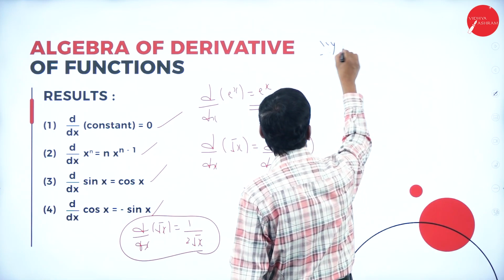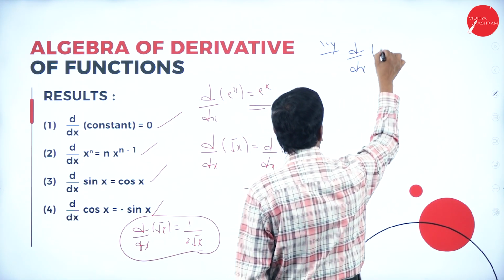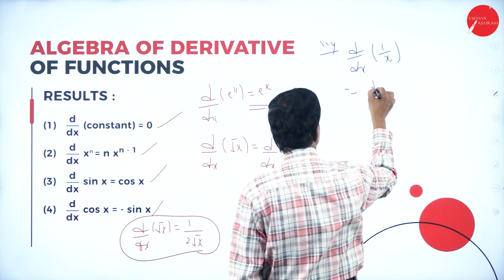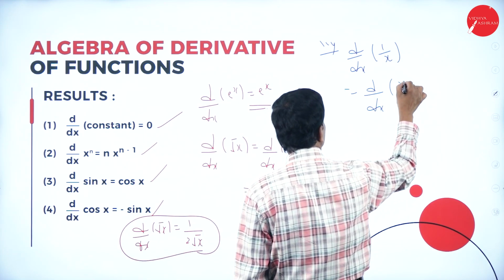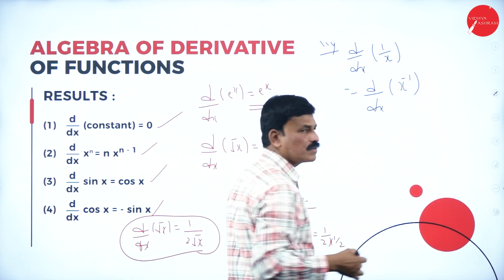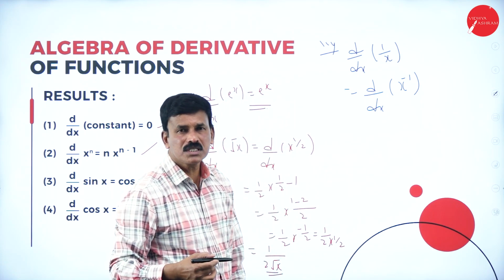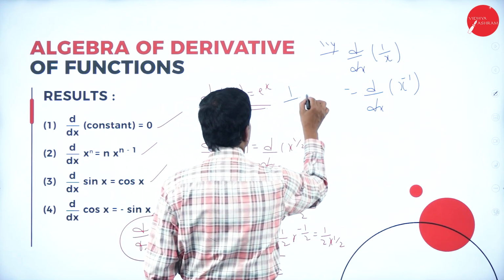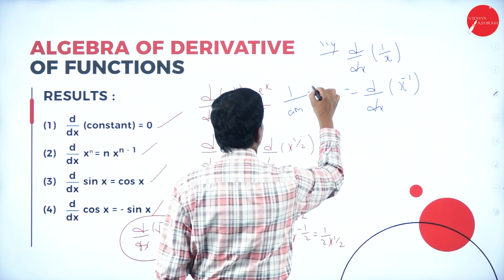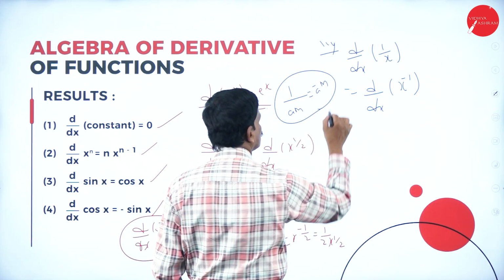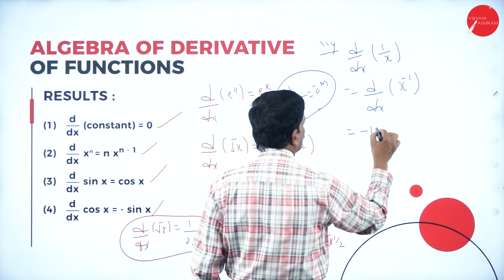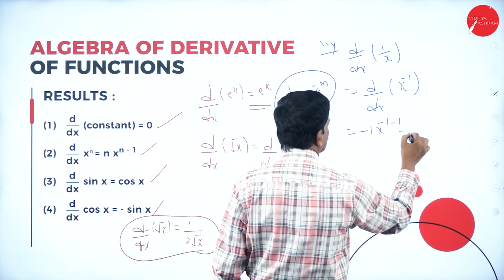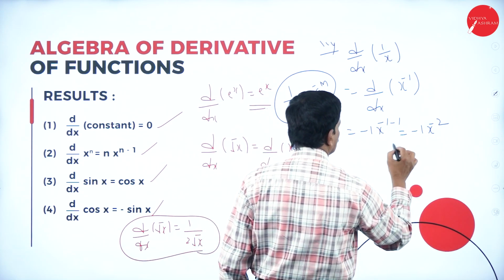Suppose it is d by dx of 1 by x. Now this can be written as d by dx of x to the power of minus 1, by taking it to the numerator, since 1 over a to the power of m is a to the power of minus m. What is n here? n is minus 1, so we get minus 1 x raised to minus 1 minus 1, which is minus 1 x raised to minus 2.